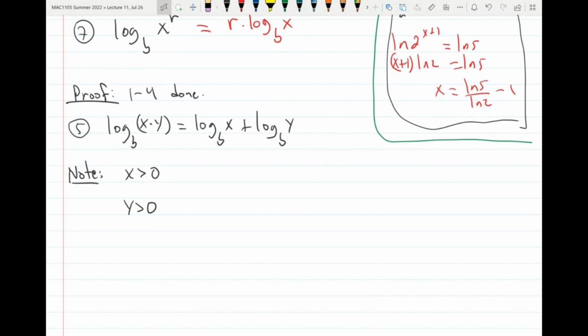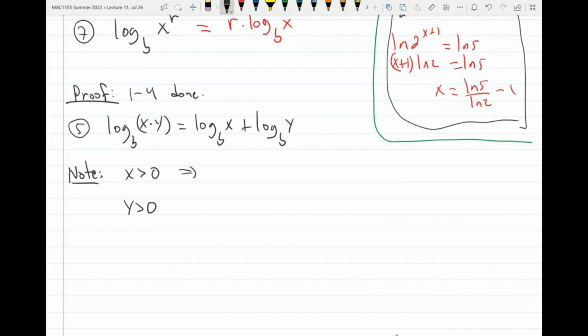That means every positive y has an x, so 2 to the x is going to be equal to y, as long as y is positive. Do you understand this? That's what the range is, the output of the function. So in other words, this x and this y, we can write as b to some power. We don't know what that is, but we can write it as b to some power.